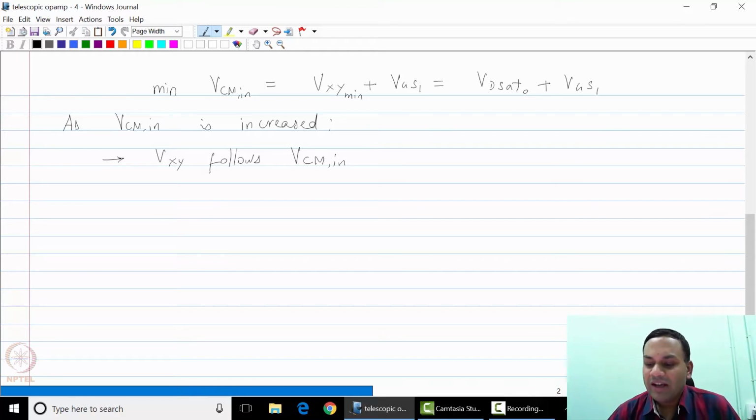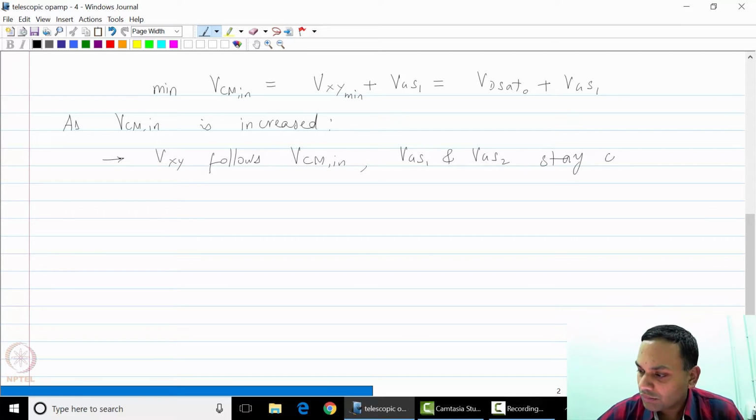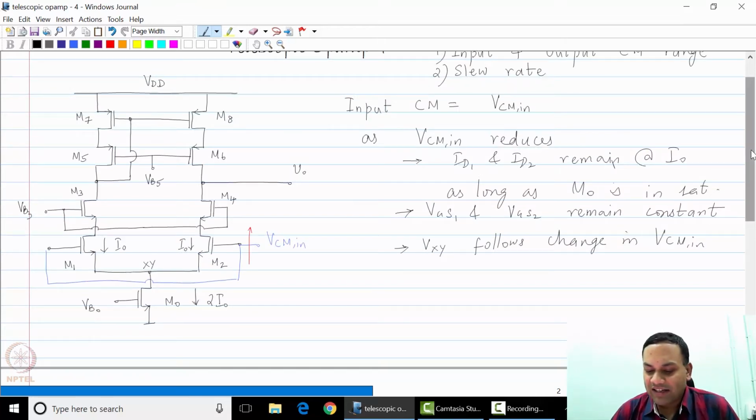There is no problem, and VGS1 and VGS2 stay constant, and both of them carry a current I0.